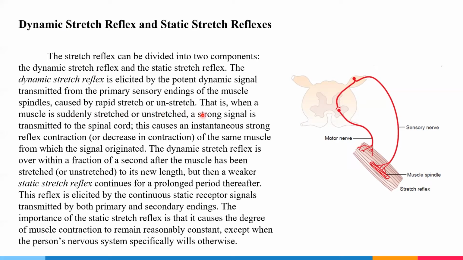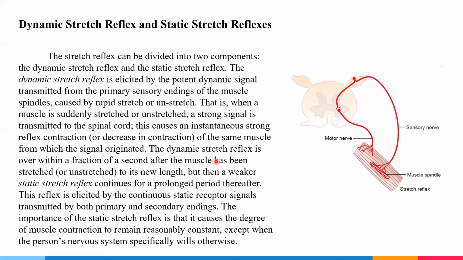That is, when a muscle is suddenly stretched, a strong signal is transmitted to the spinal cord. This causes an instantaneous, strong reflex contraction or decrease in contraction, depending on the original stimulus, of the same muscle from which the signal originated.